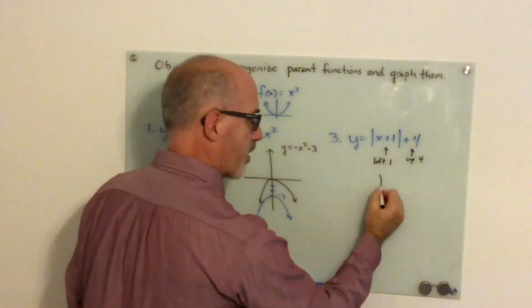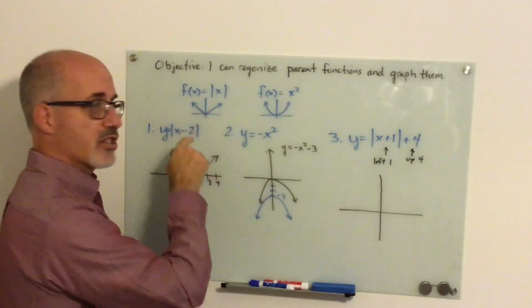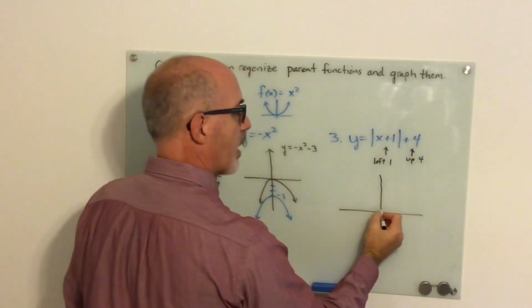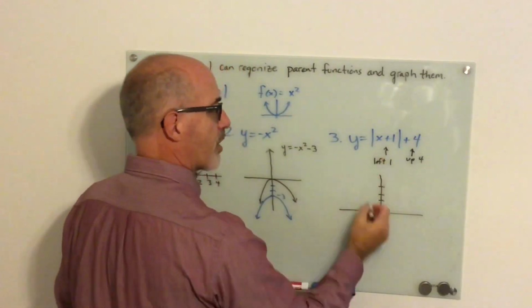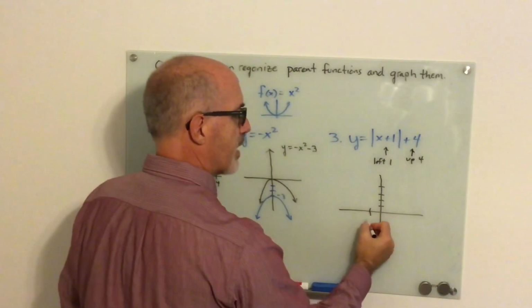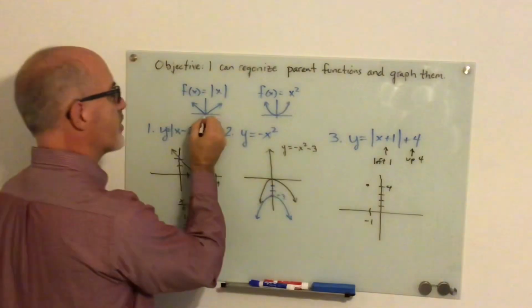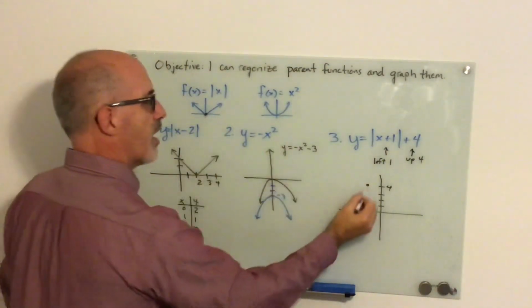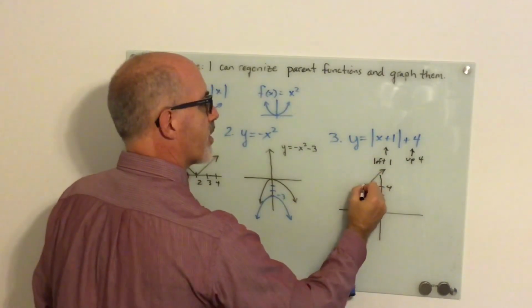So when we draw this graph, we think about this parent function, the v, and we're going to go up 4 units, 1, 2, 3, 4, and go to the left 1 unit, so -1 here. The vertex is moved up 4 and over 1, and the v then just goes right from there.